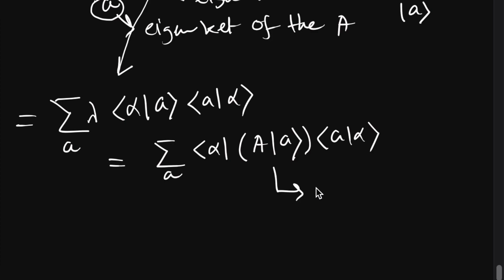Since |a> is the eigenket of observable A, that means A|a> equals lambda|a>.